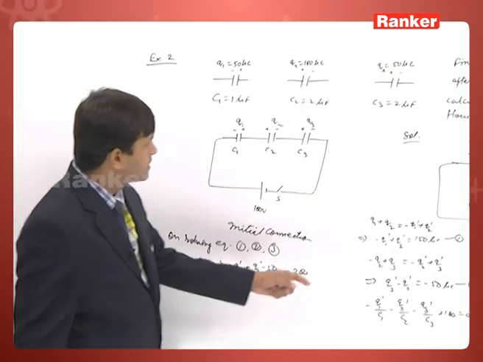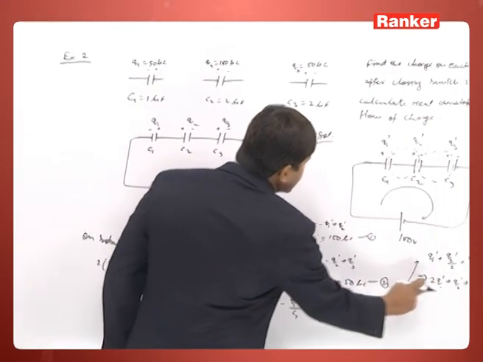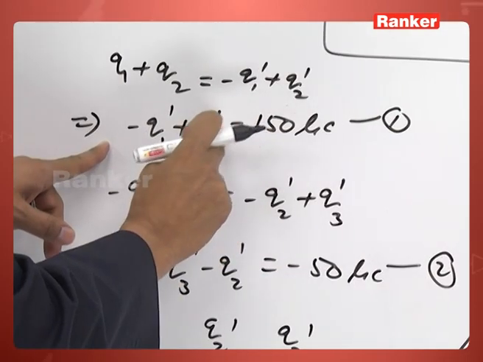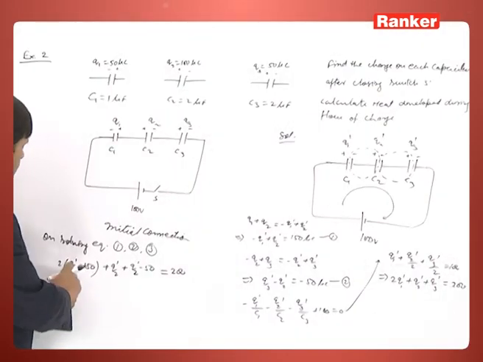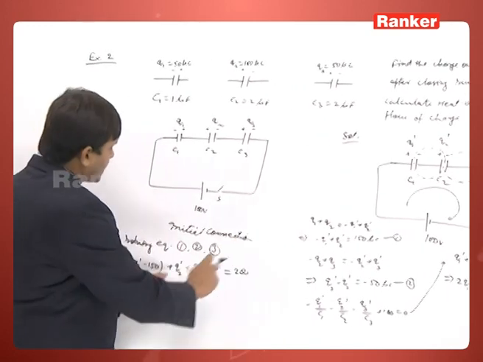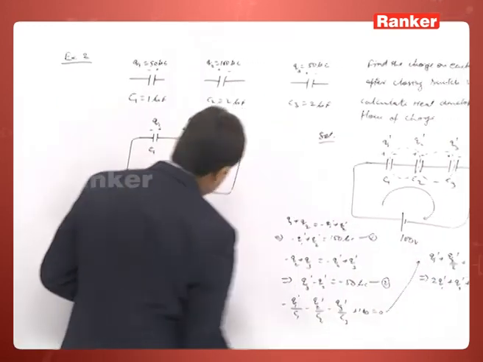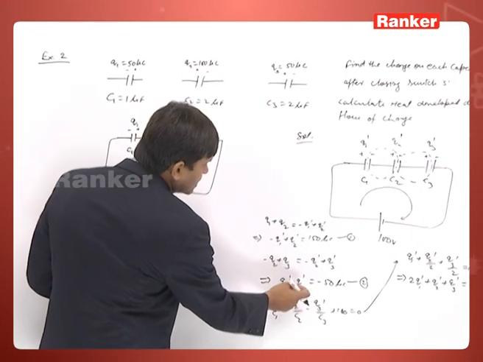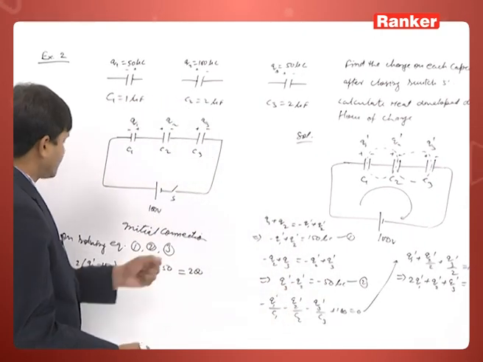Once again see there, I am substituting the value of Q1 dash from here: Q2 dash minus 150, plus Q2 dash, and Q3 dash value from here, Q3 dash is equal to Q2 dash minus 50.